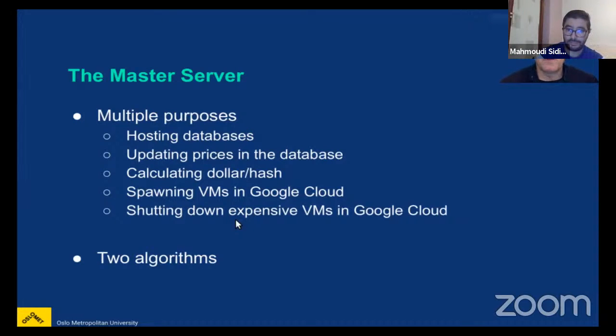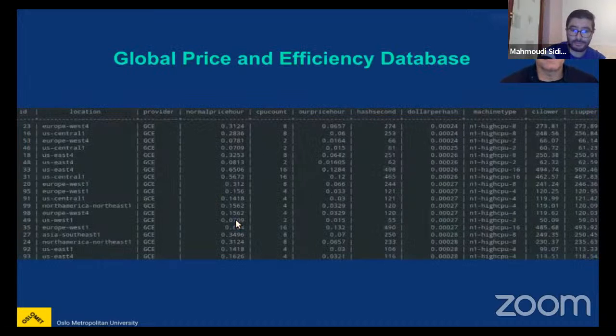So there are two main algorithms which do this. Central to the setup is the global price and efficiency. The prices are fairly constant, but they can change from time to time. The hashes per second can also vary, and both are taken into account when deciding where to run the VMs.